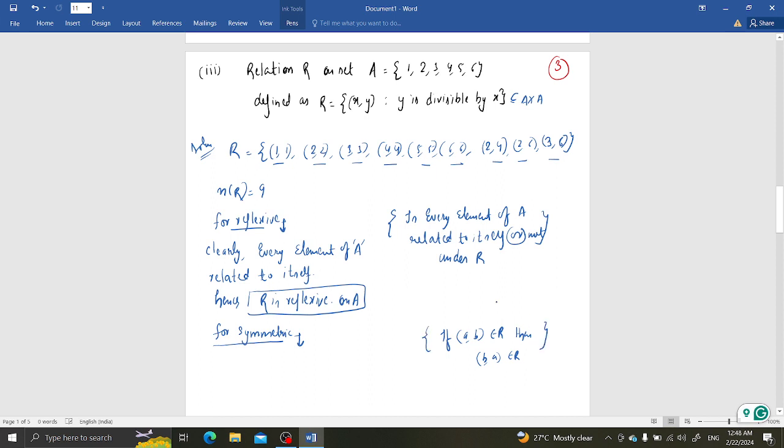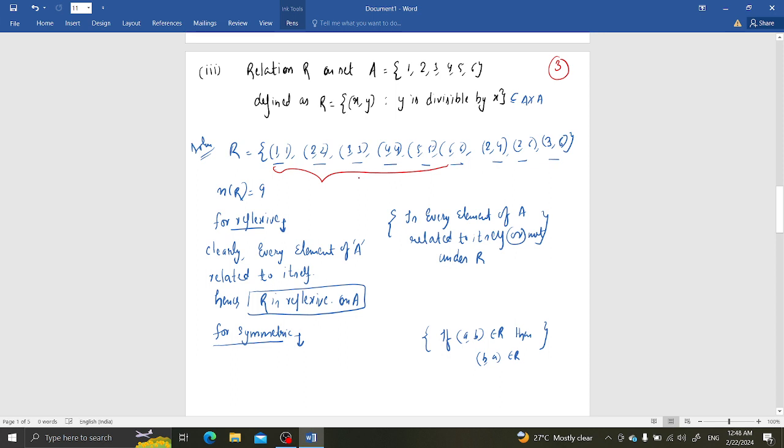Okay. 1 comma 1 is there, reverse is 1 comma 1. 2 comma 2, reverse 2 comma 2. 3 comma 3, 3 comma 3. 4 comma 4, 4 comma 4. 5 comma 5, reverse is 5 comma 5 again. 6 comma 6, reverse is 6 comma 6. All these ordered pairs satisfy the symmetric property.